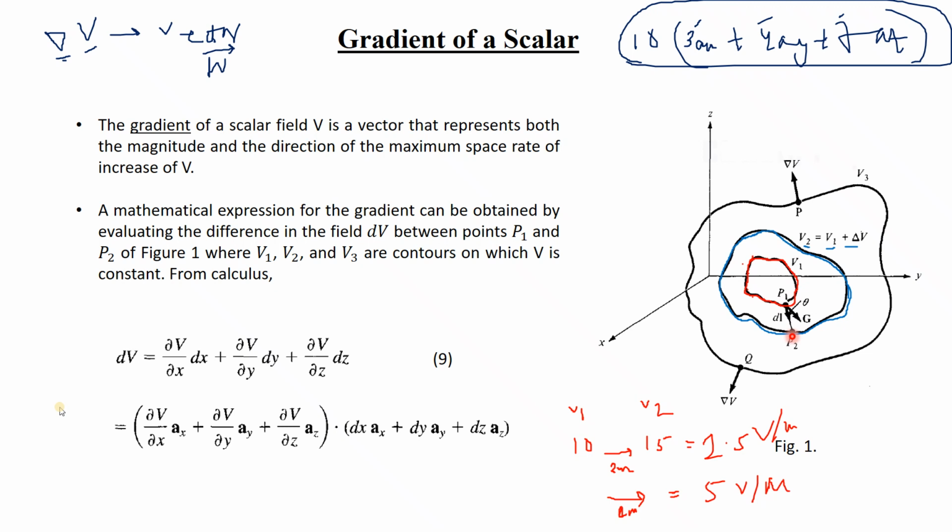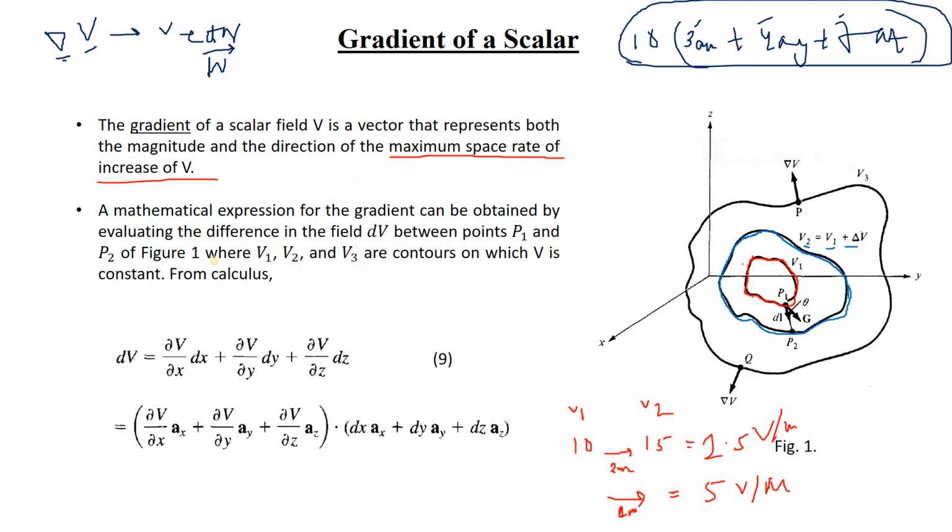So you first have to find out the shortest path through which you can increase the potential. If you follow that path, then your increase in potential will be maximum, and you will get the maximum space rate of increase of V. V can be anything, it can be potential, it can be any scalar.